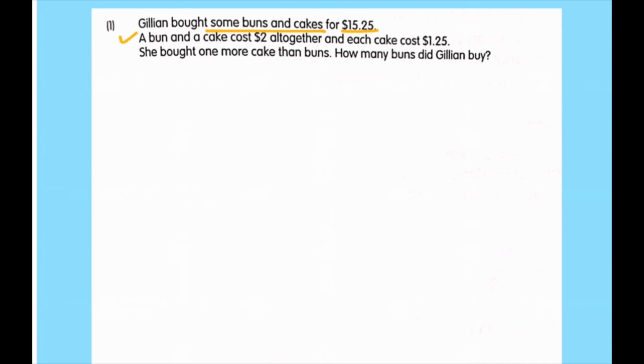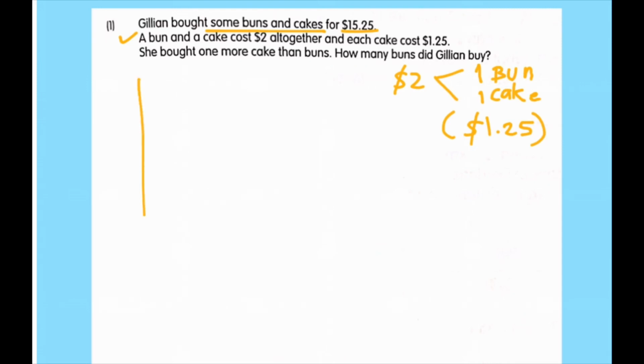In the second statement, it says a bun and a cake cost $2 altogether. $2 gives us an idea that it is the total cost of one bun and one cake. On the other hand, one cake costs $1.25. She bought one more cake than buns. We need to know how many buns Jillian bought.